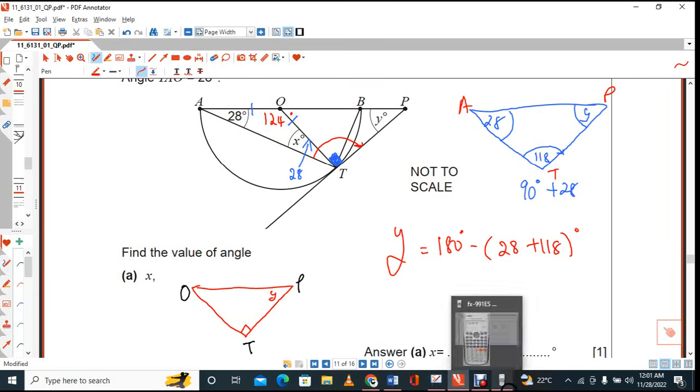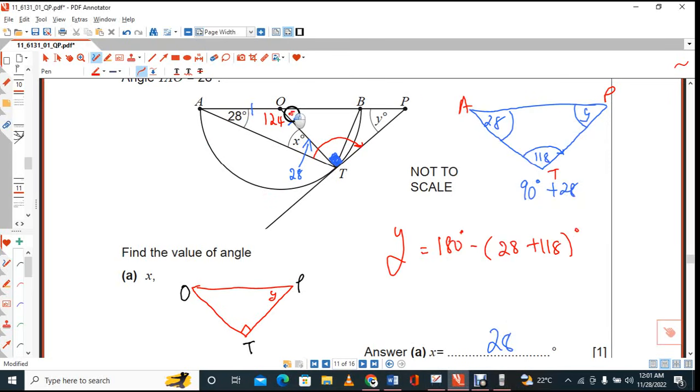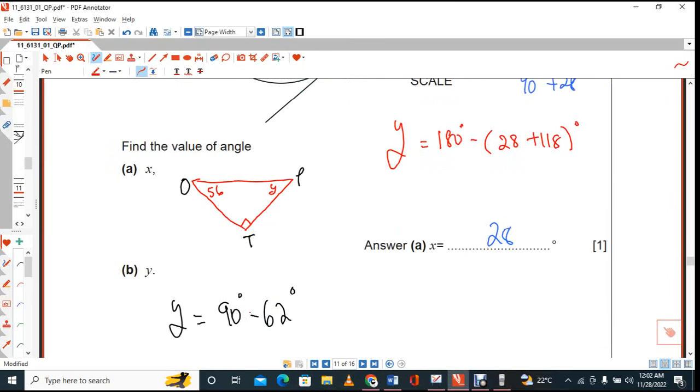And if you want to find what that other angle TOP is equal to, that will be 56 here, so I have the dot. So that will be 56. All right, so my angle Y will be 90 minus 56.